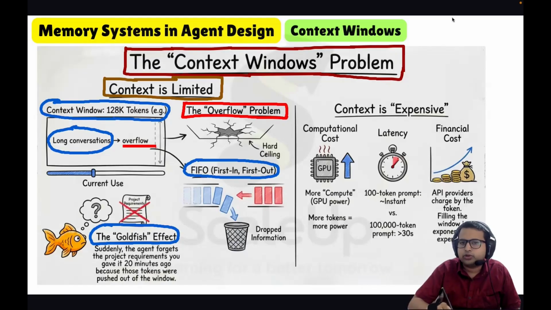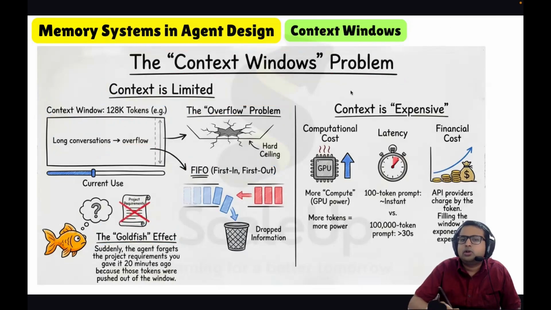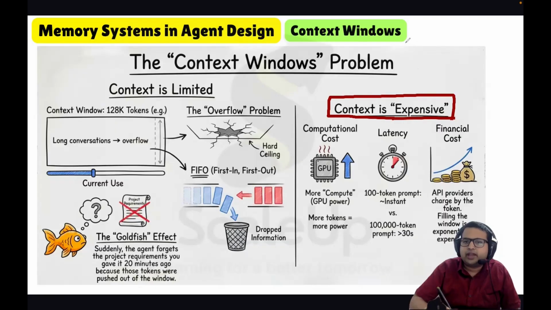So we saw that context is limited. Since context is limited, there is a problem of overflow. Also, context is expensive. There is a computational cost associated with the context.